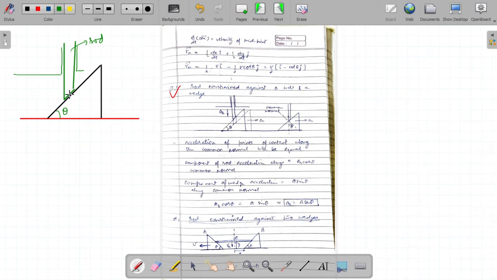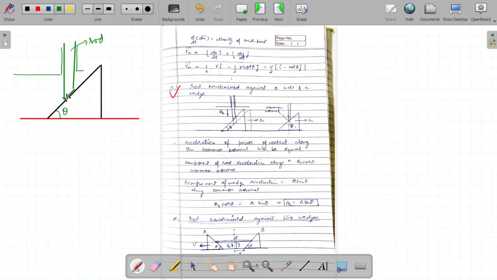What we usually do is that when we have a rod and a wedge constraint, the forces acting are not important at first, because we are talking about the velocities and accelerations.